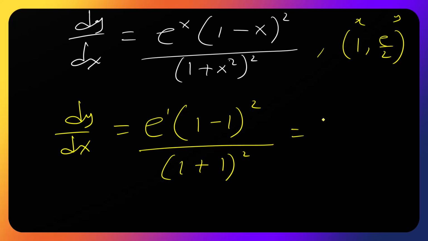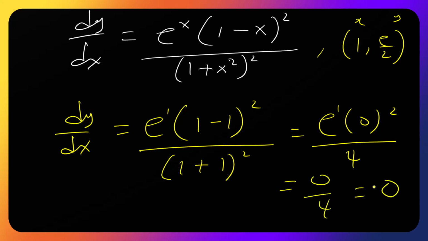So that will be e times 0 squared, so e to the power 1 on 4. The numerator will be 0, so 0 over 4 will be 0. It means dy/dx is 0.